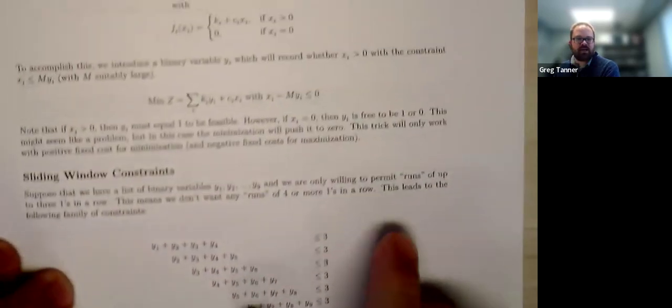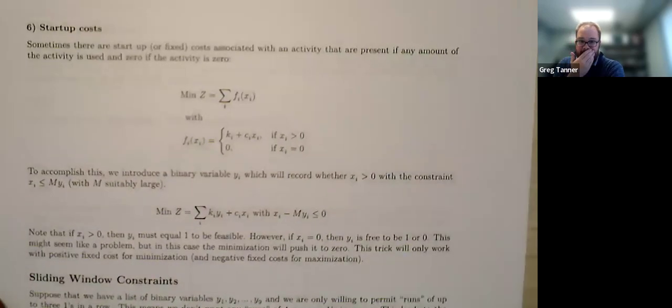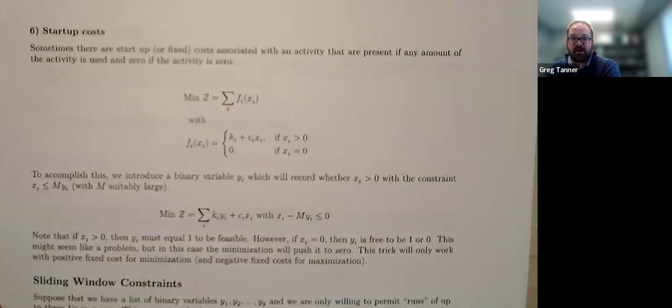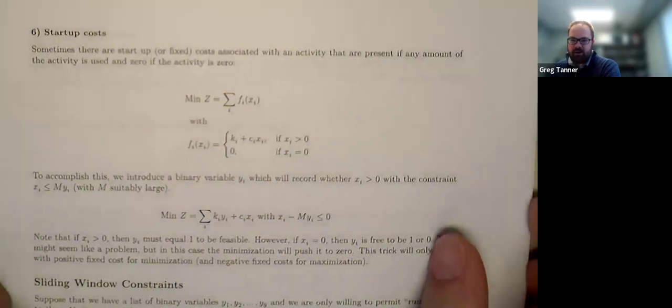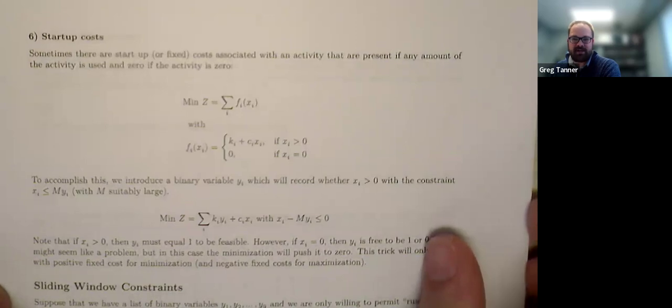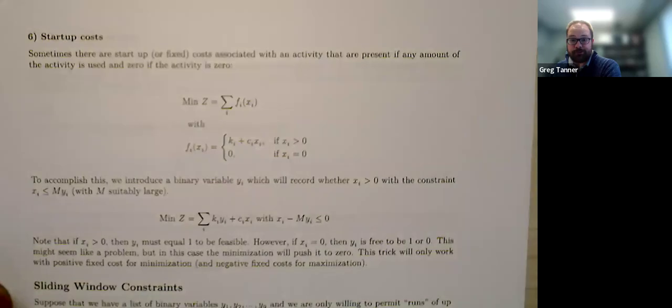One of maybe the most common tricks is dealing with startup costs. A lot of activities, when you're thinking about your objective function, have both a fixed cost and a variable cost associated with them. The fixed cost might be buying the machinery in order to start doing a process, and the variable cost might be the cost of running the machine.